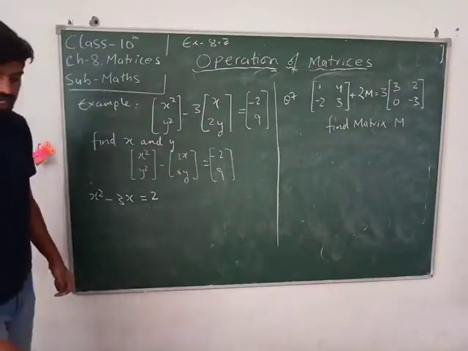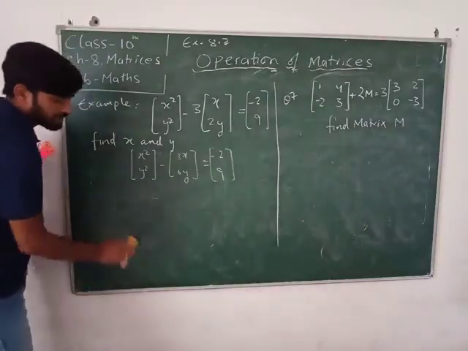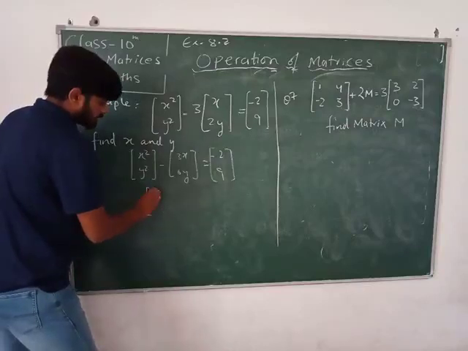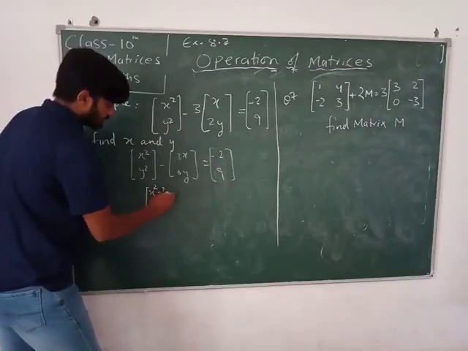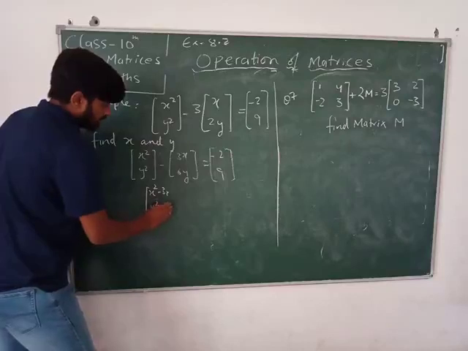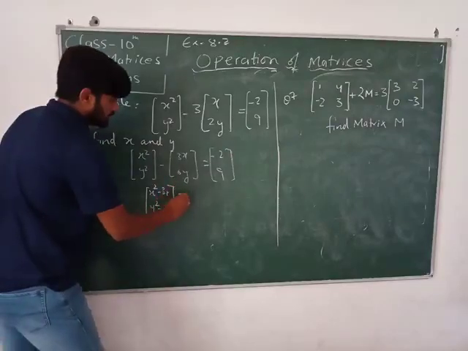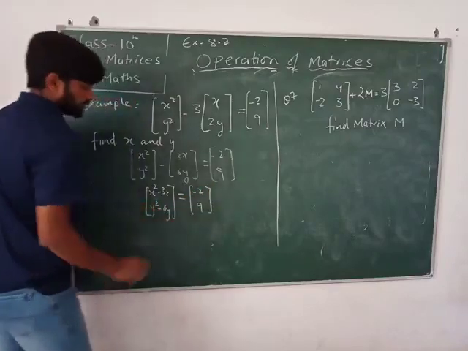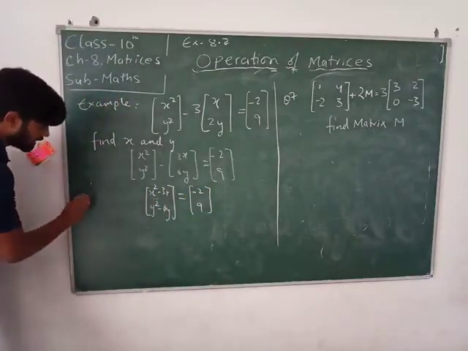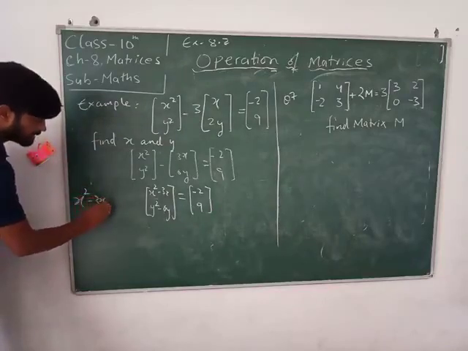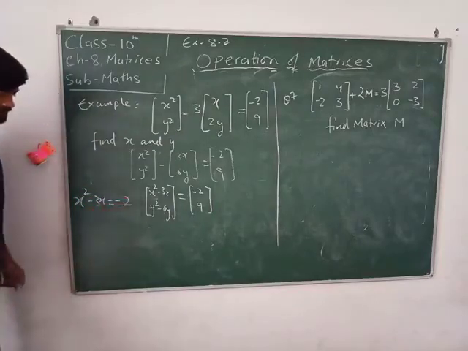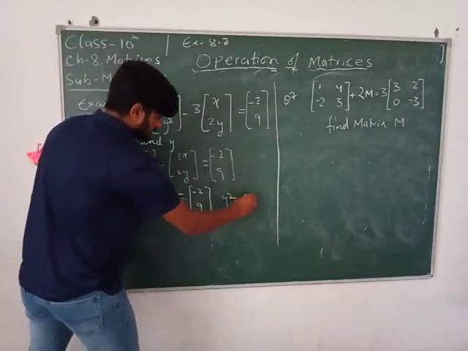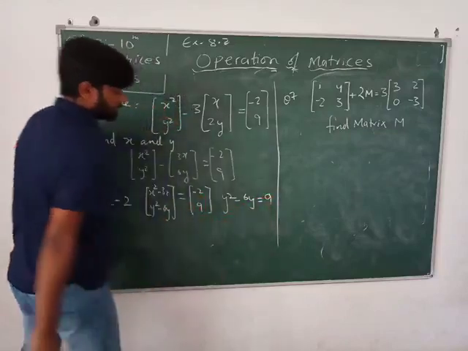Or also what I can do, first of all I can subtract both the matrices. So when I subtract both the matrices, what will I get? x square minus 3x, and over here y square minus 6y, and then equals to minus 2, 9. So I have two equations that are being formed: x square minus 3x equals to minus 2, and the second equation that is being formed is y square minus 6y equals to 9, isn't it?